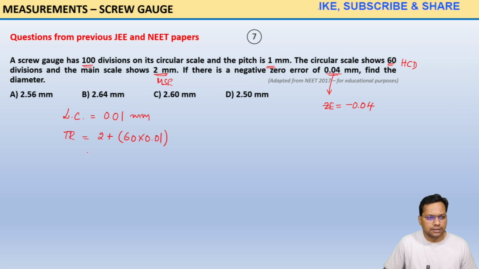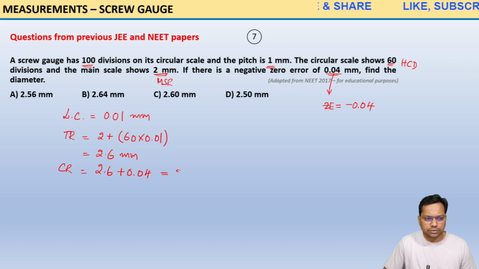This gives 2.6 millimeter. Now we go for the corrected reading, CR. Since the zero error is negative, the correction should be positive. That is 2.6 plus 0.04, so that gives 2.64 millimeter.